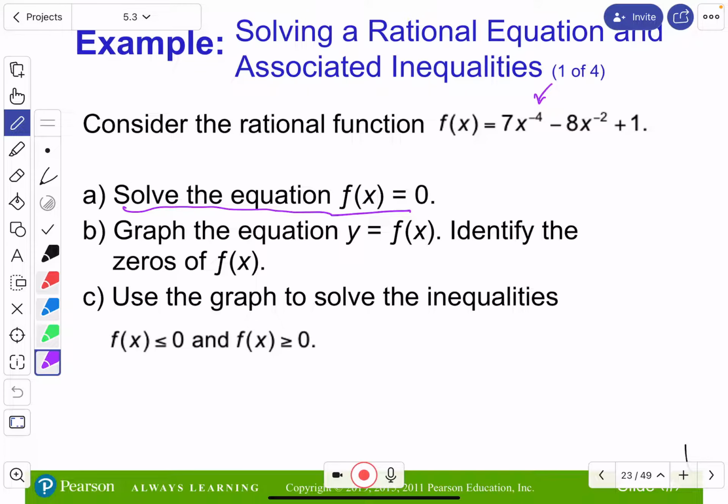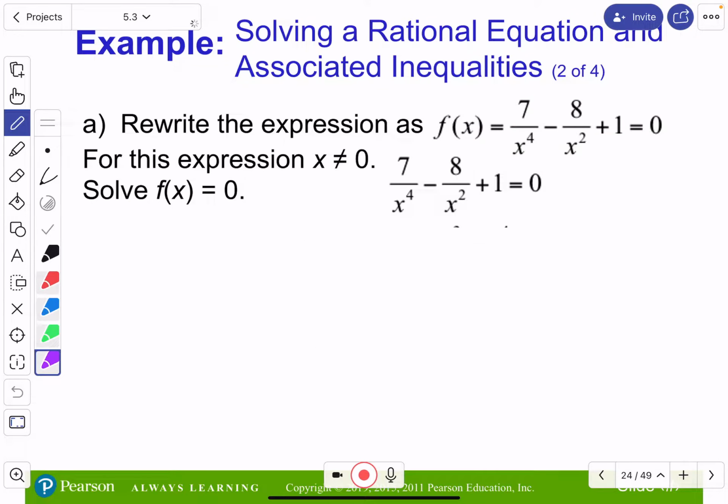Our negative exponent moves that to the bottom of a fraction. So this is really what our function looks like, and we want to set it equal to 0. So we rewrote this so that it was equal to 0, which is just moving our negative exponents down.